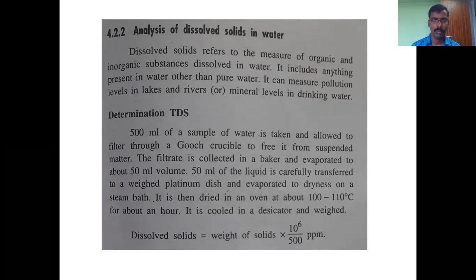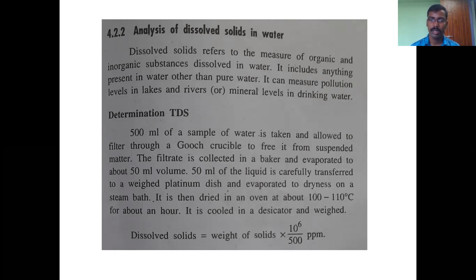TDS. 500 milliliters of the sample of water is taken and allowed to filter through the Gooch crucible to free it from suspended matter. The filtrate is collected in a beaker and evaporated to about 50 ml of volume. About 50 ml of liquid is carefully transferred into the weighed platinum dish and evaporated to dryness on a steam bath.